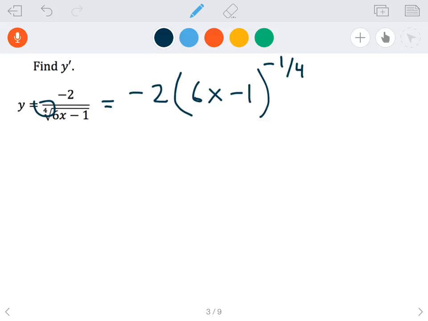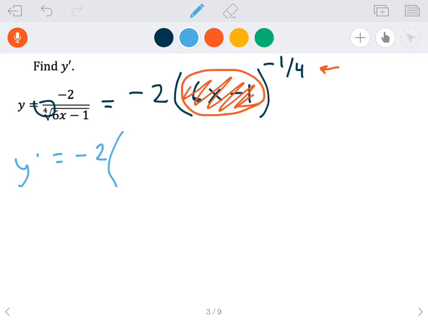So now what I see is I have this inside function and then my outside function. So ignoring the inside, I'm going to take the derivative of the outside. So y prime is equal to negative 2 times 1/4 of whatever that inside was, and then negative 1/4 minus 1 will be negative 5/4.